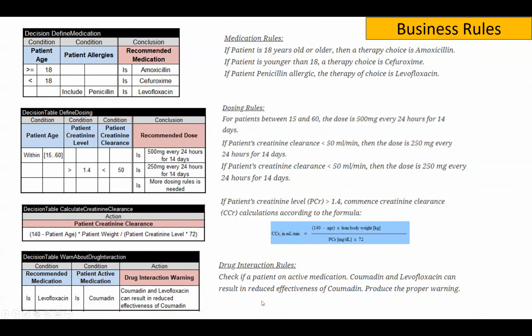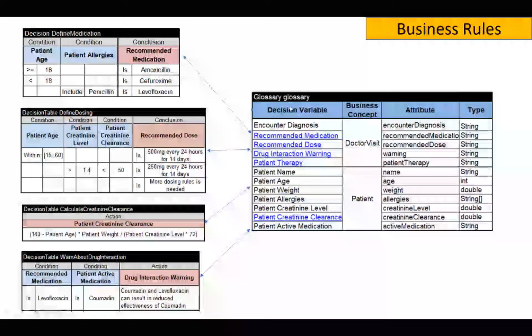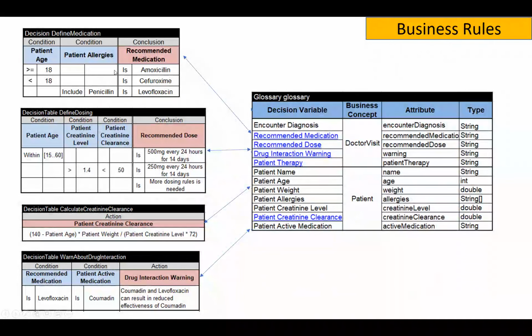So that's clear. And now look at the most important component of decision modeling called glossary. This is another table, and this table starts with the keyword glossary. And in the first column, we list all possible decision variables used in all our tables. So for example, patient age, patient allergies, and we can classify them based on categories to which they belong.